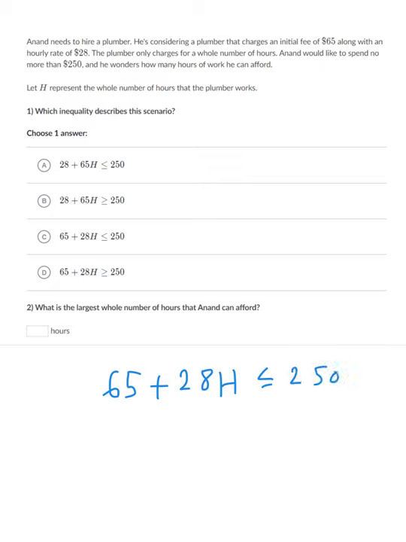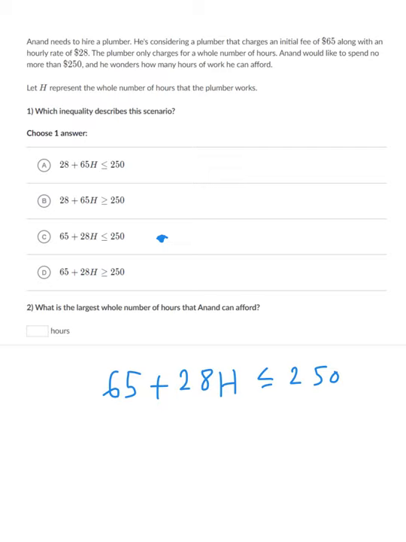So you can kind of see why we use inequalities here. Inequalities allow us to figure out the maximum number of hours this plumber can work. So here's my inequality. Which answer choice matches? Ooh, I think it matches this one right here. It matches that choice.